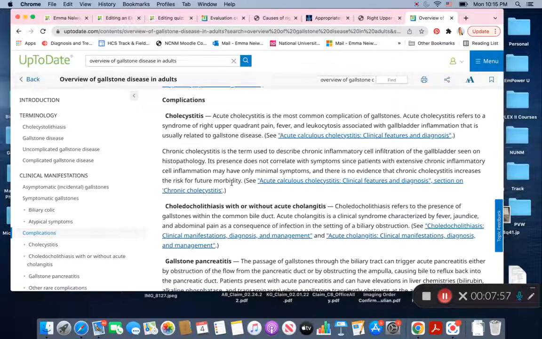Because we had already had these conversations, we had already referred her to general surgery for a consult: what symptoms do I watch for, what do I do if I get to that point, and what's our action plan if I need to have a gallbladder removal procedure, a cholecystectomy. So when that did occur, she was prepared, we had a plan, and we were able to execute the plan successfully.